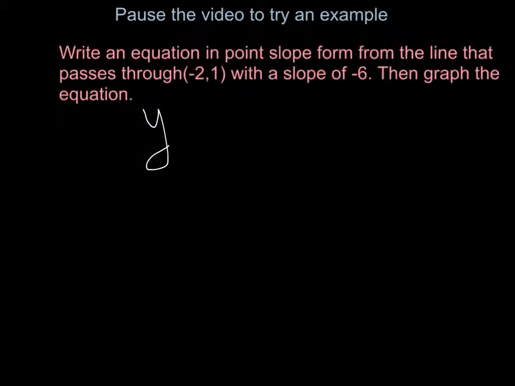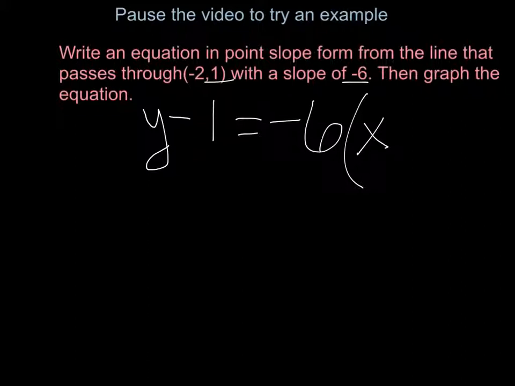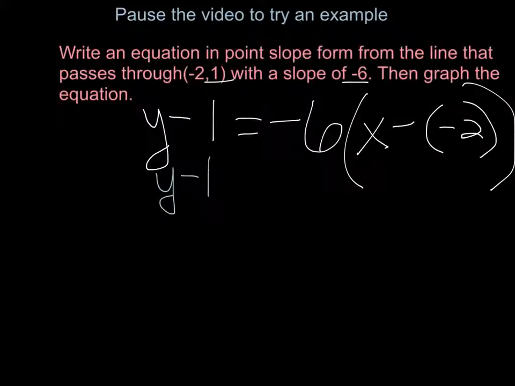So y minus my y1, which is 1, equals my slope, -6, open parentheses, x minus x1. We close it out. So again, we combine down there, and so we will actually have y minus 1 equals -6 times x plus 2.